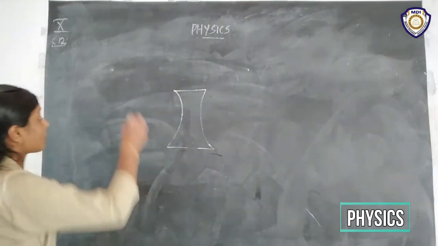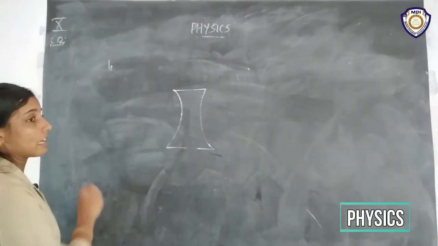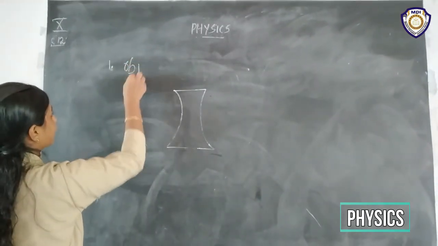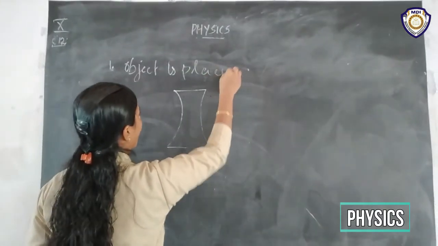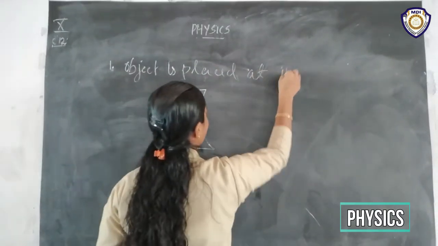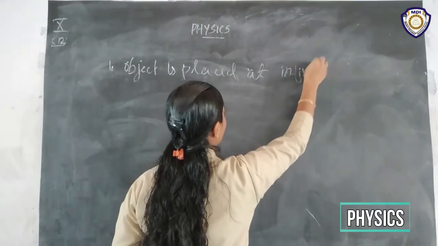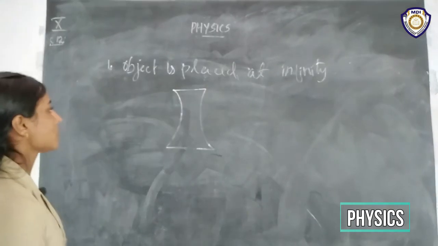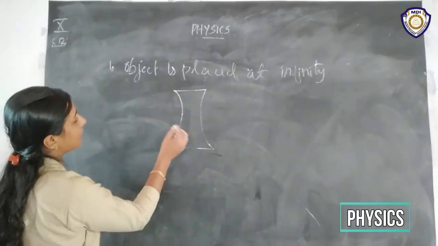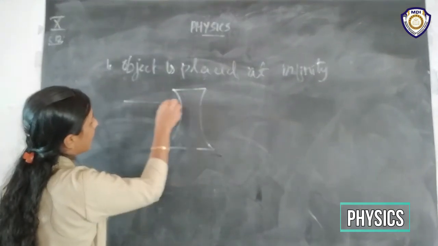First of all, we have to look into the case where the object is placed at infinity. So the first case is the object is at infinity. We have to draw the incident ray like this.